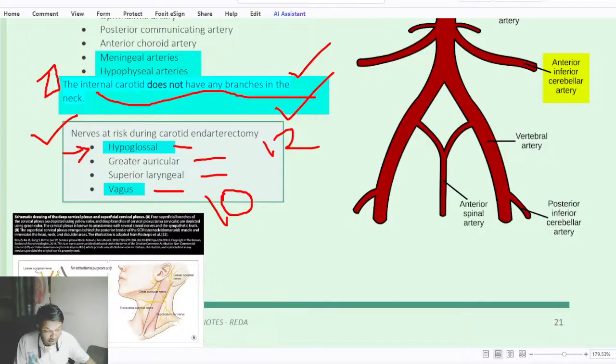Lingual is anterior, and the carotid will remain on the lateral side. So hypoglossal will come, vagus also, and just remember greater auricular and superior laryngeal. These four nerves. This is also an exam question.